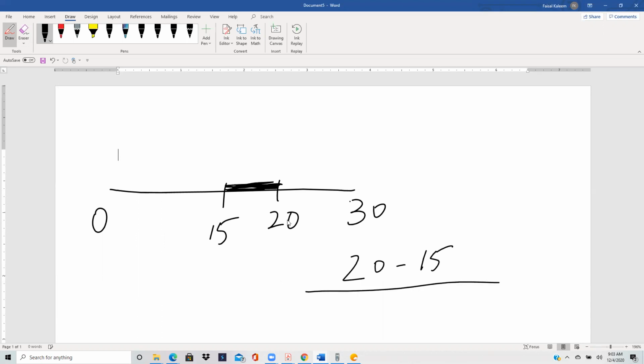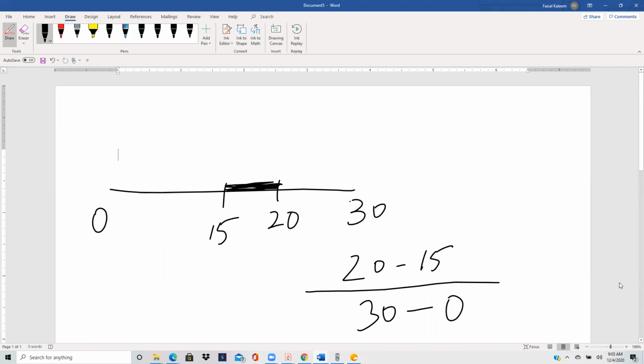And what's the total length of the interval from 0 to 30? From 0 to 30, it's 30. Yeah, so it's 30 minus 0. Basically, to get any length, you take the difference of the endpoints.